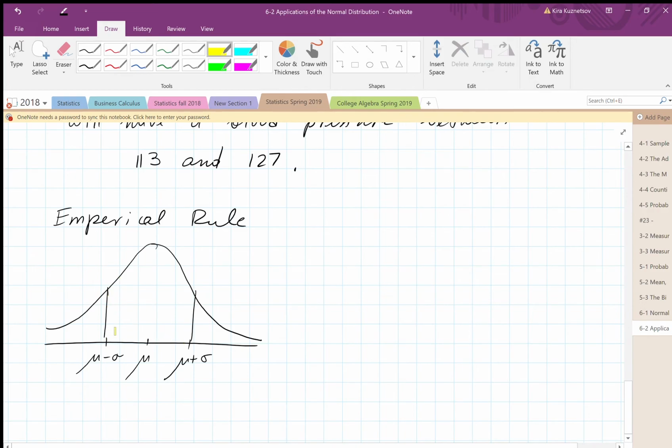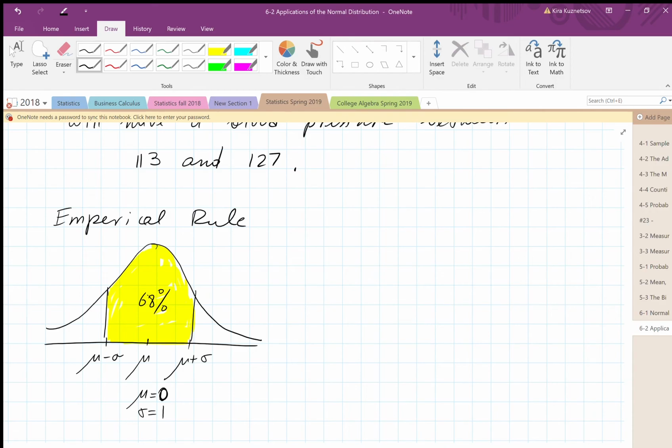What I wanted to show you is how to get this on a calculator. So if I look at my standard normal curve and let my mu be 0 and sigma be 1, you can actually look up the 68% on your calculator.